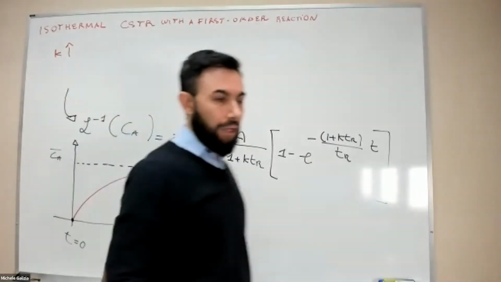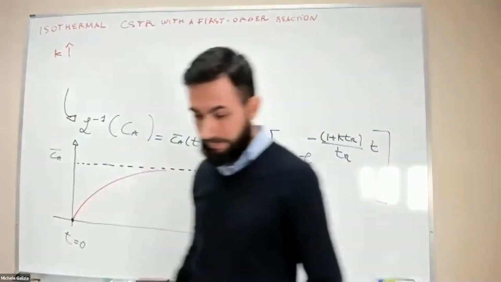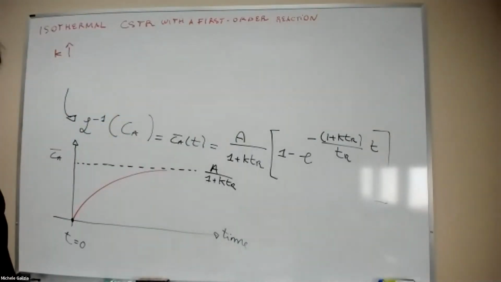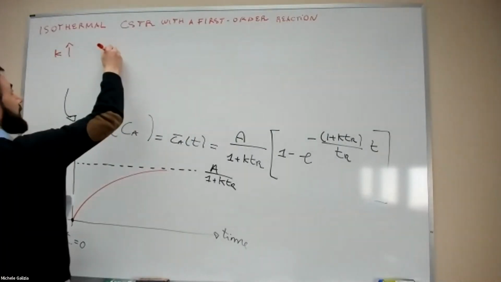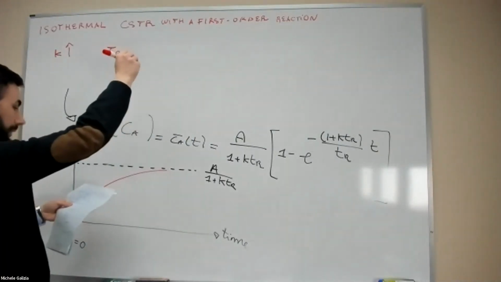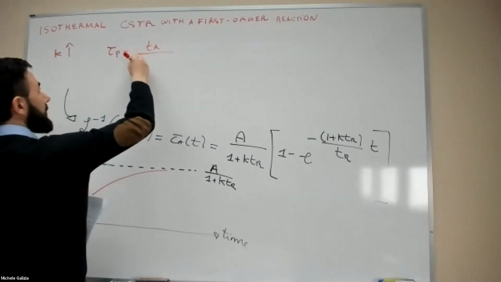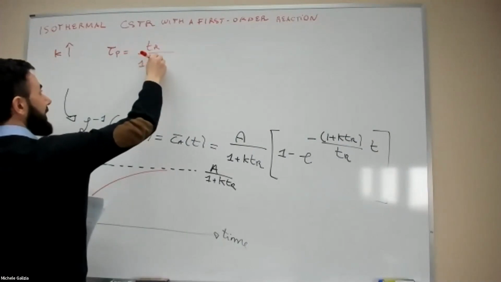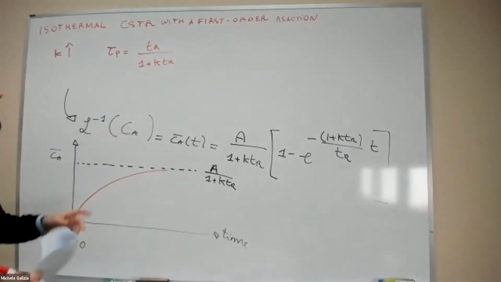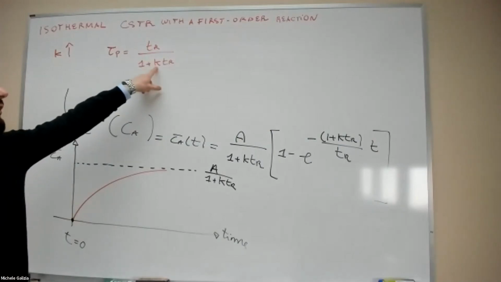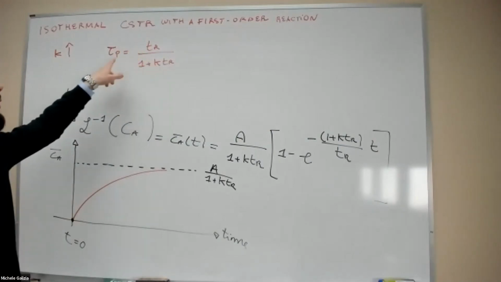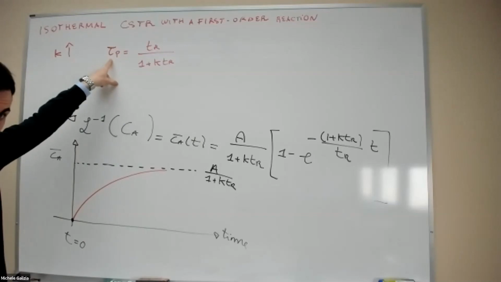If the kinetic constant increases, just remember that tau P is TR over 1 plus K TR. If the kinetic constant K increases, what happens to tau P? It decreases.